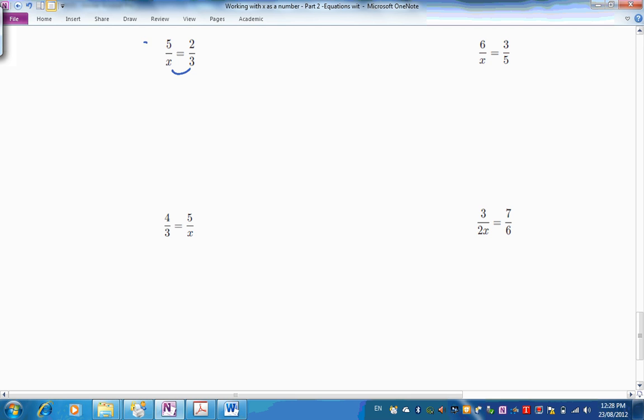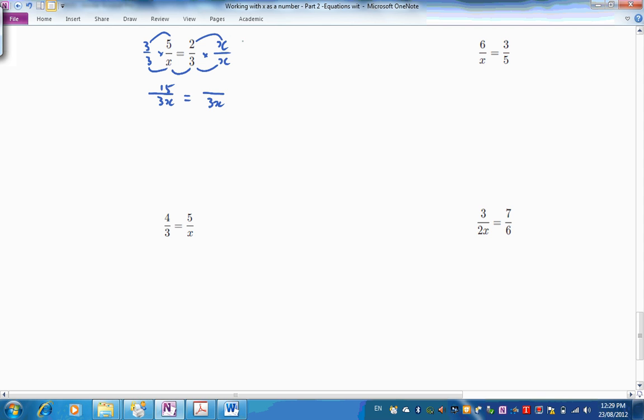So we need to multiply this top and bottom by 3, and over on this side, this top and bottom by x, because that then would produce 3x there and 3x there. So let's do that. We've got 3x. So now it's top lines together, 15. And over here, that's bottom line is 3x.